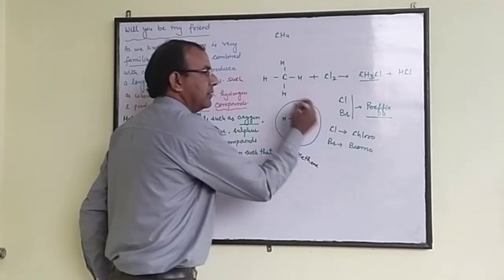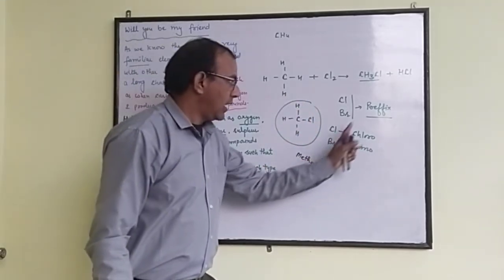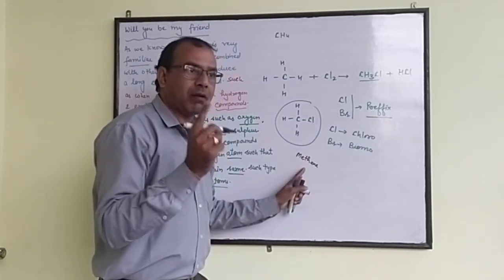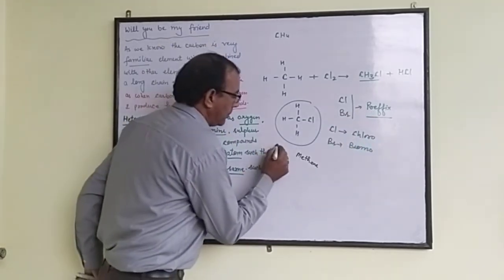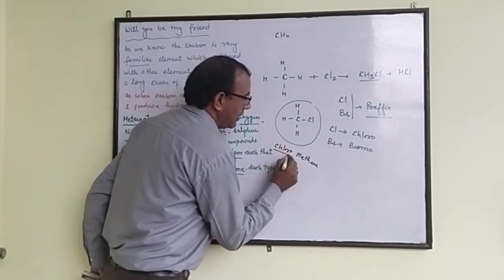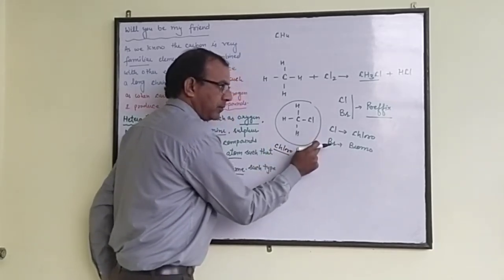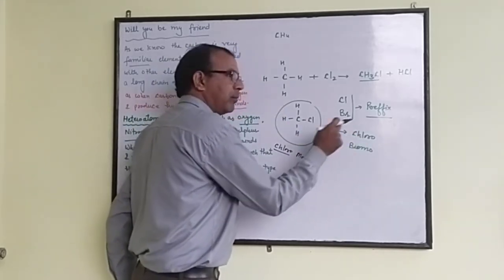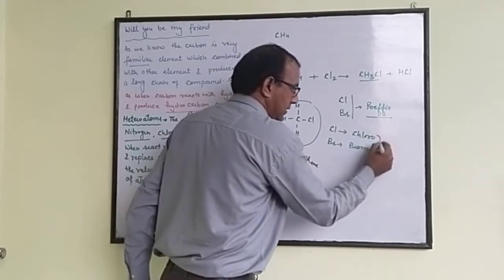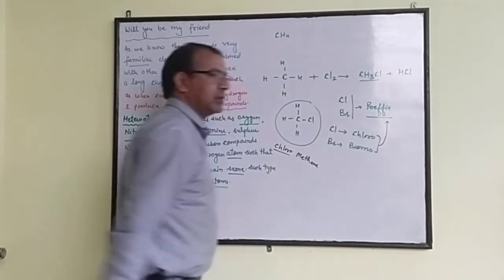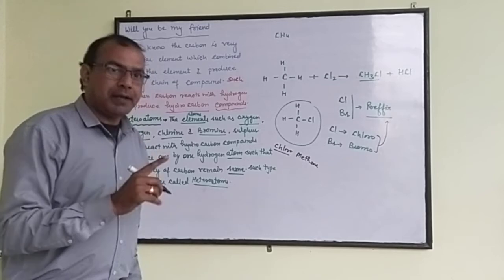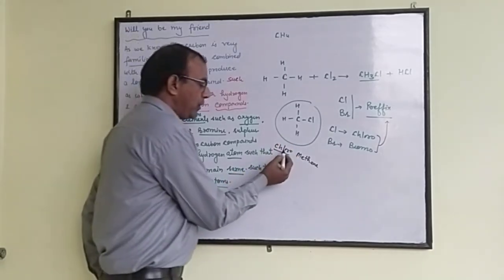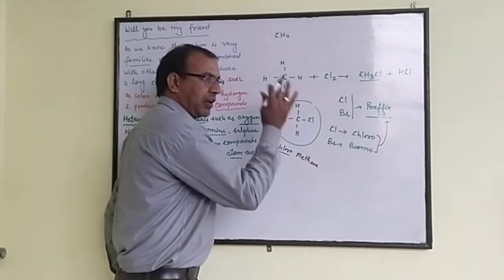But chlorine is also a prefix, so before methane we call it chloromethane. Why? Because when chlorine reacts with the hydrocarbon it is pronounced chloro, and bromine bromo, but they are prefixes. It means the pronunciation of this prefix comes earlier, before the hydrocarbon compound. So we say chloromethane.